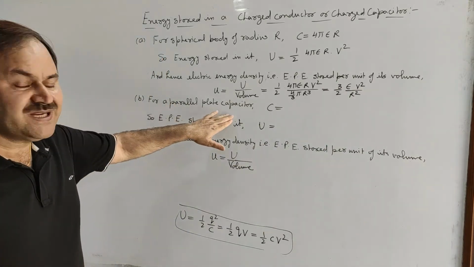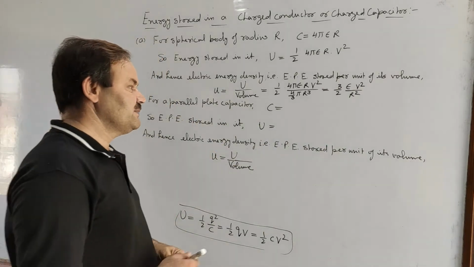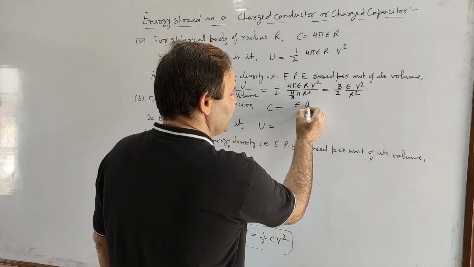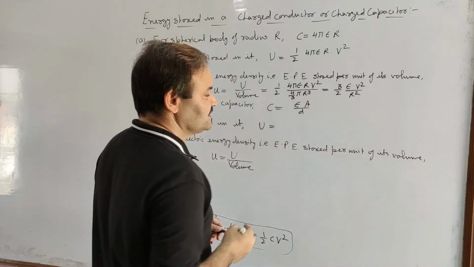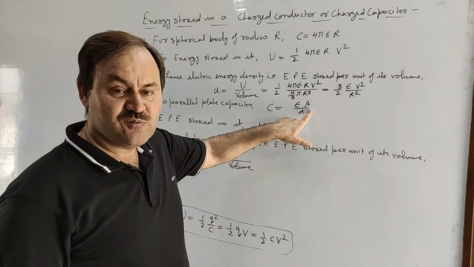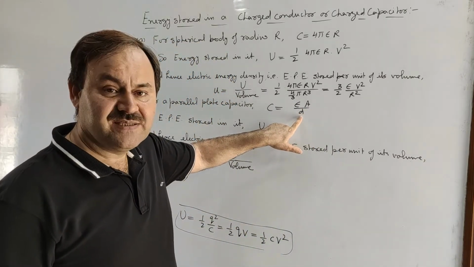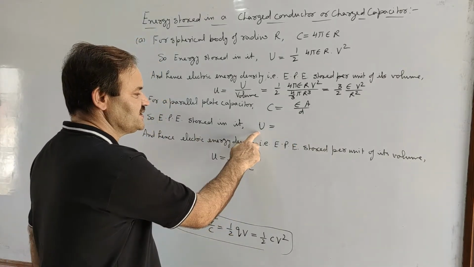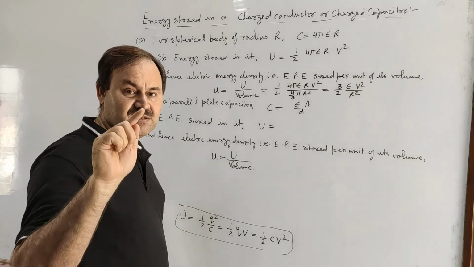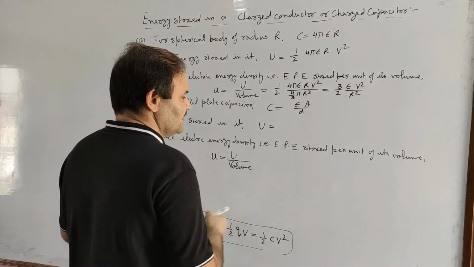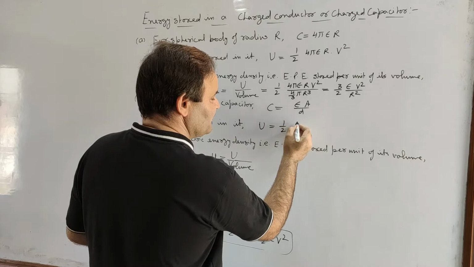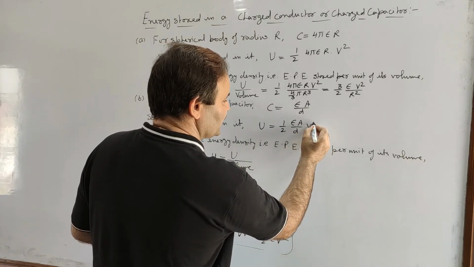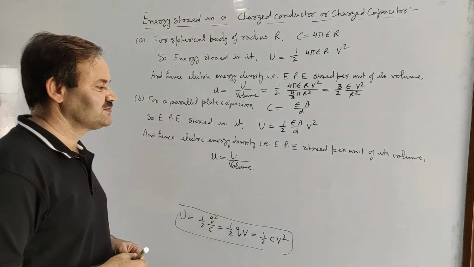Now for a parallel plate capacitor, capacitance C is given by epsilon A upon D, A being the area of each plate, and D the distance between the plates. So potential energy stored in a parallel plate capacitor, half C will be epsilon A upon D, into potential square.